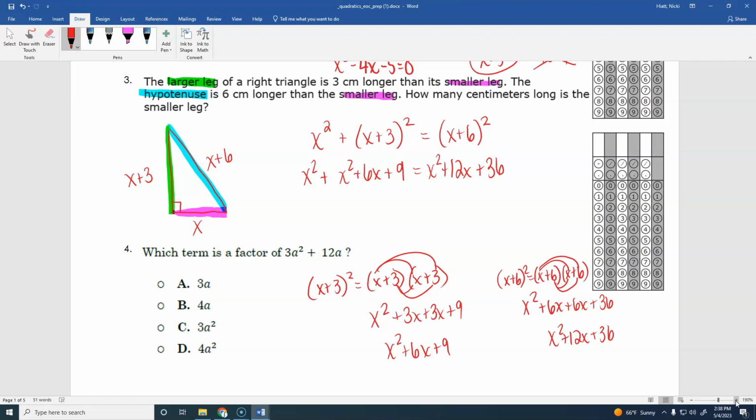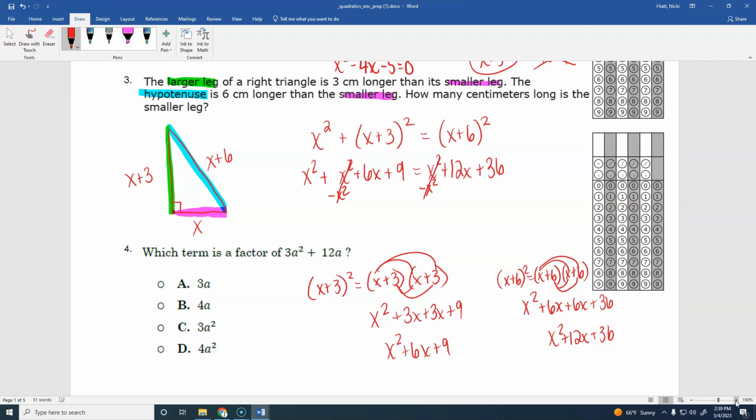Okay, how do I solve this? It's going to be a quadratic because we've got an x squared, right? With quadratics, we always want to move everything to one side and try to factor if we can. So I'm just going to subtract one of these x squareds on each side, which will get rid of one of them.